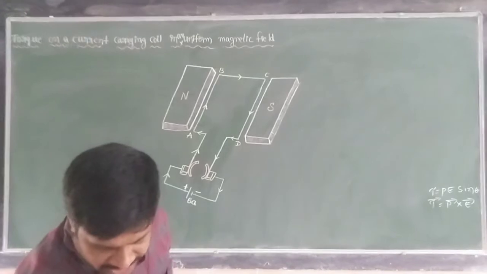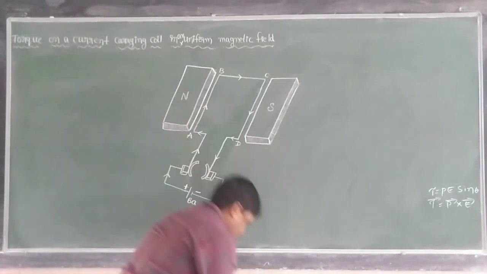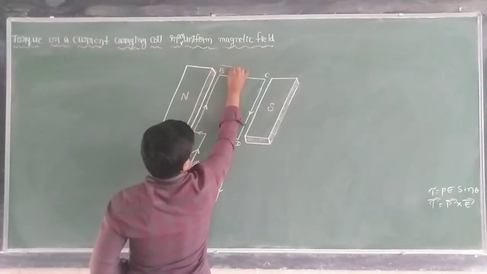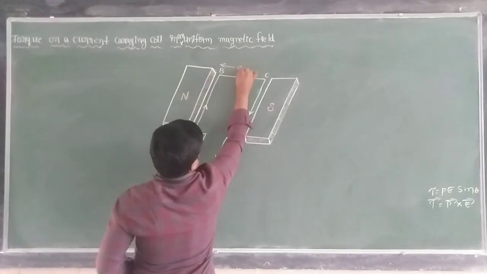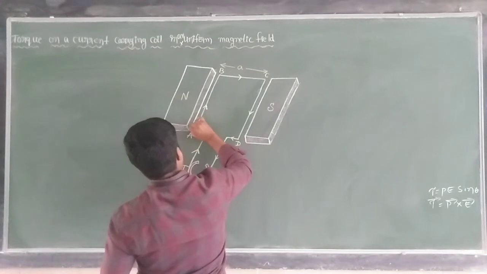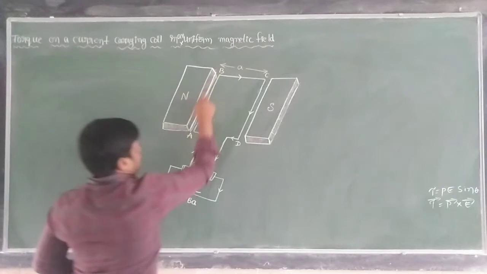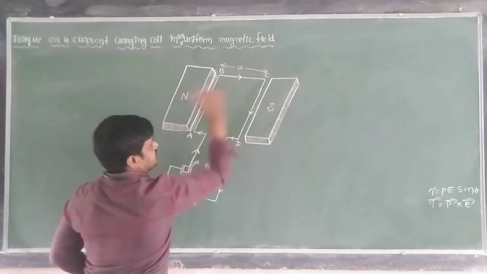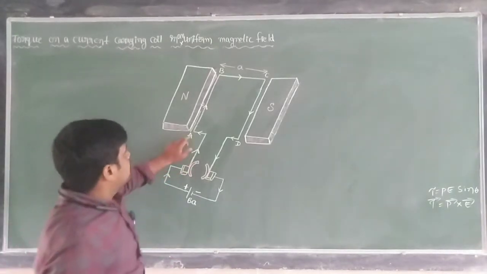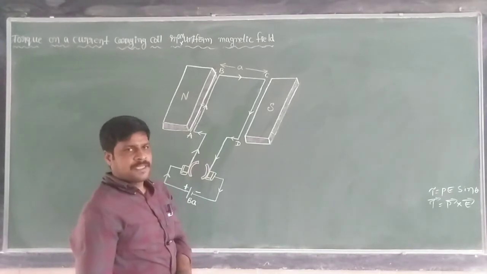AB is the length and BC is the breadth of the coil. A, B, C, D is the current carrying coil.